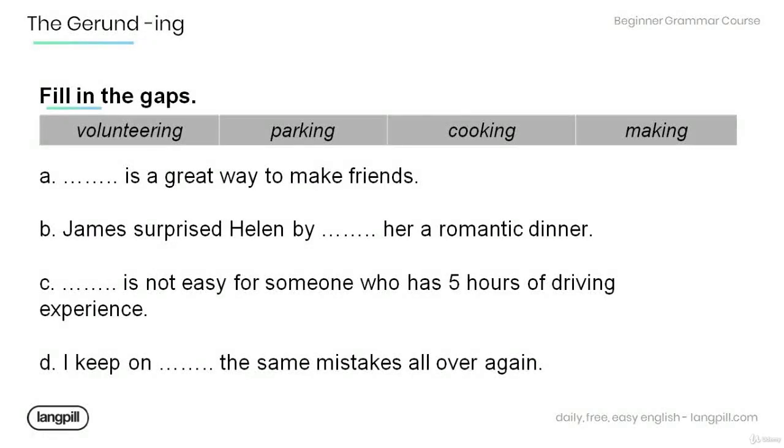Now time for you to practice on your own. Read the following sentences and fill in the gaps using the correct word from the following list. Volunteering, parking, cooking, making. A. Blank is a great way to make friends.